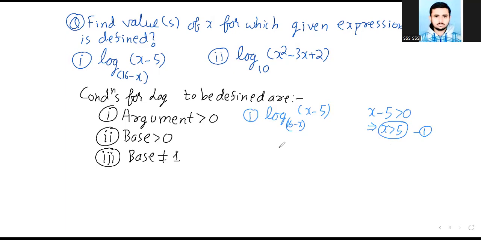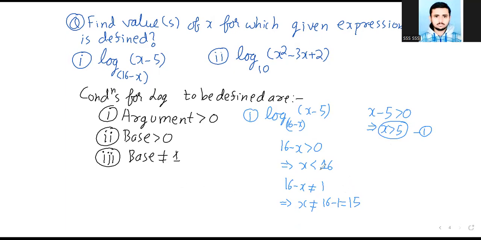Now the base should also be positive. So 16 minus x should be greater than 0. This means x is less than 16. And the last condition is 16 minus x should not be equal to 1. This means x is not equal to 16 minus 1, meaning 15.